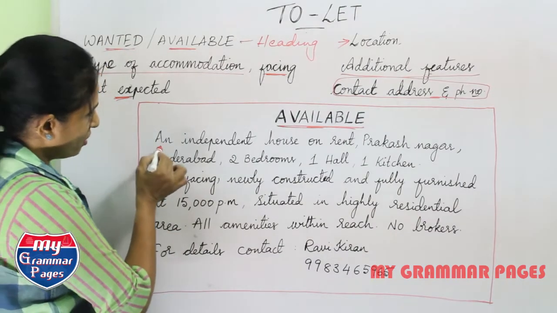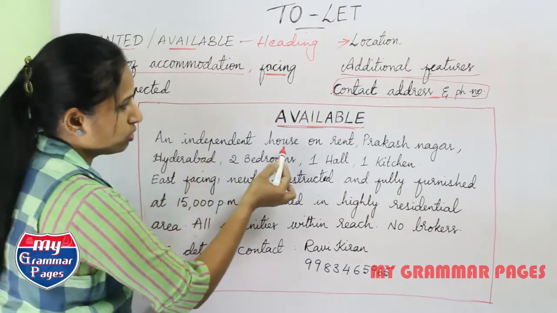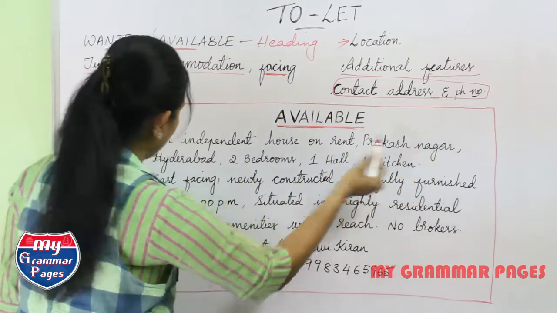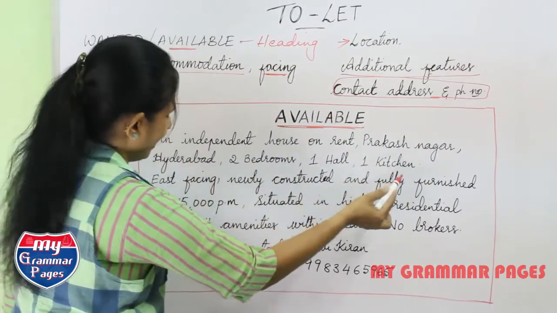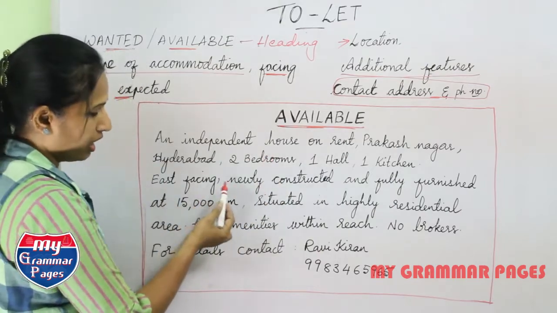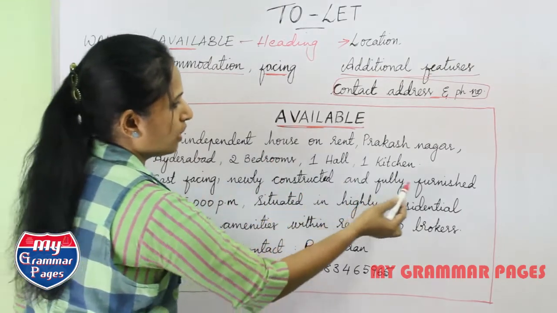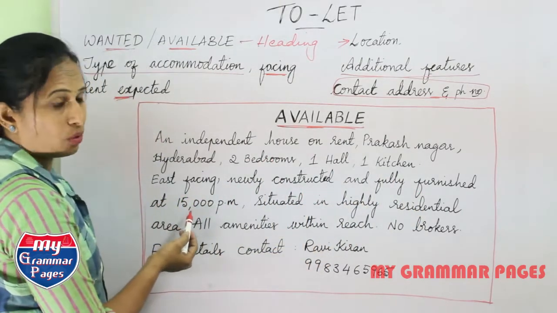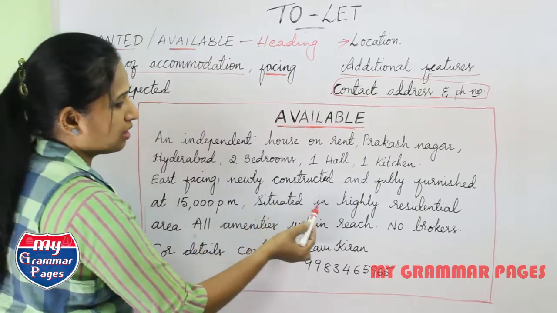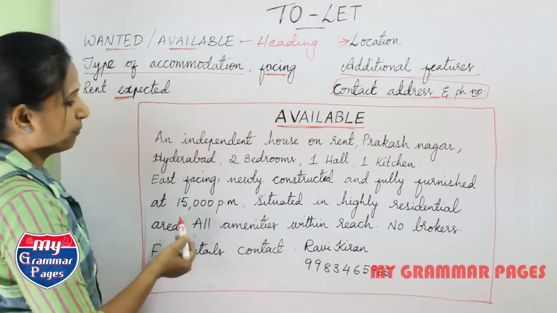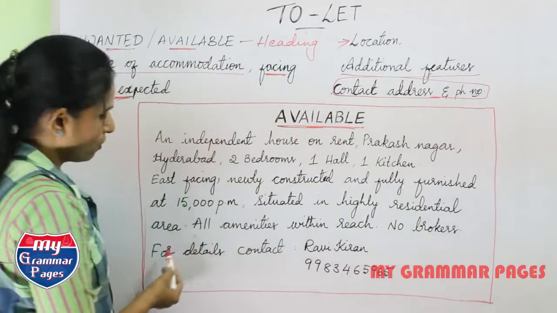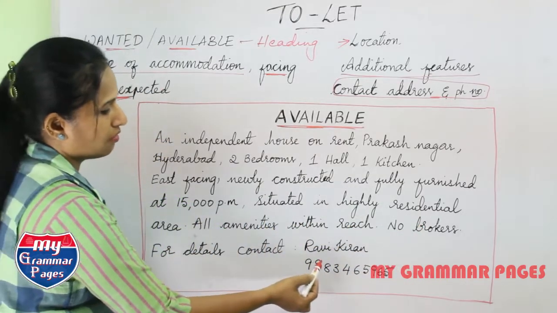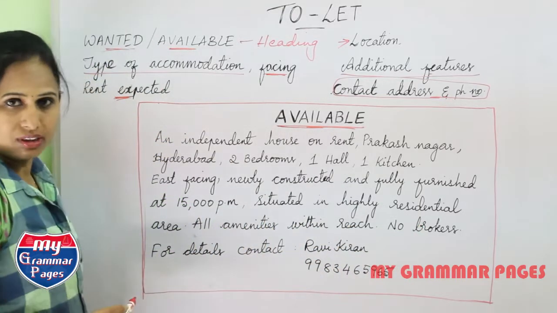And now just see: an independent house on rent, Prakash Nagar, Hyderabad. 2 bedrooms, 1 hall, 1 kitchen. East facing, newly constructed and fully furnished at 15,000 rupees per month, situated in a highly residential area. All amenities within reach. No brokers. For details, contact Ravikiran, and the phone number is given.